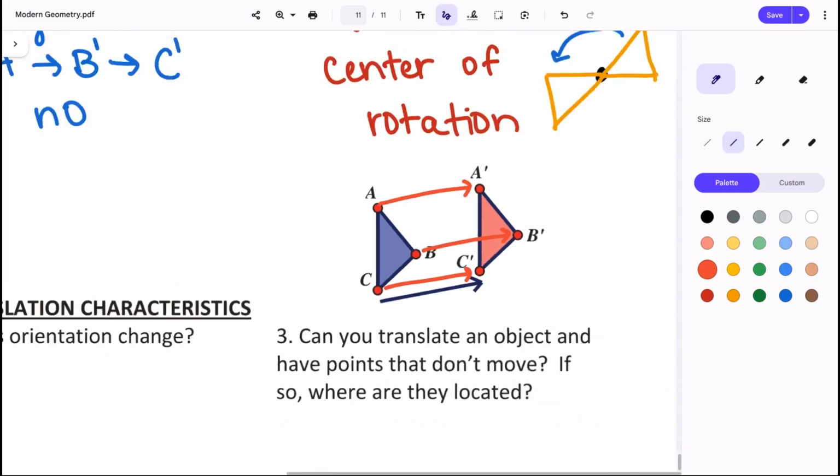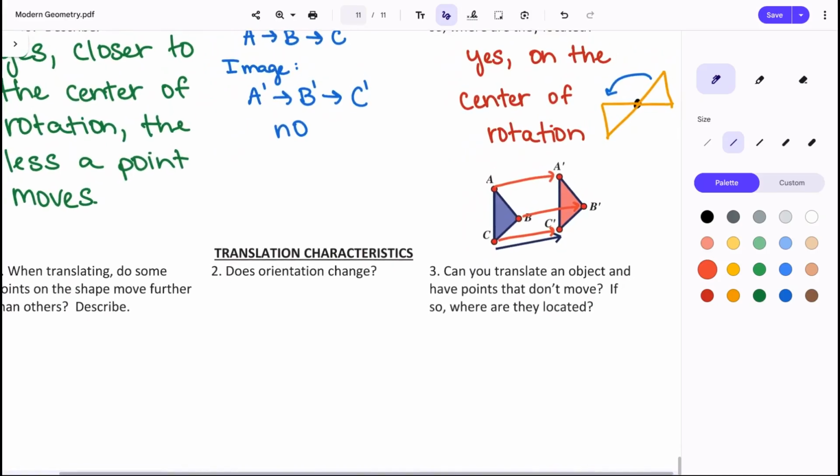So remember with the translation, you're sliding it across the graph. Think about it like this, if I'm sitting right here and someone were to come at me from the side and tackle me in my chair, all of me would go. My feet aren't going to stay here while the rest of me goes. That's not going to happen. All of me is going to go in one direction.